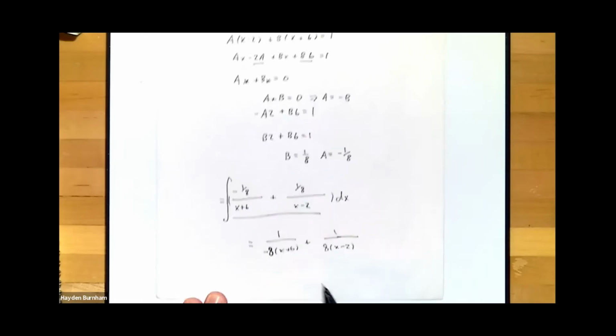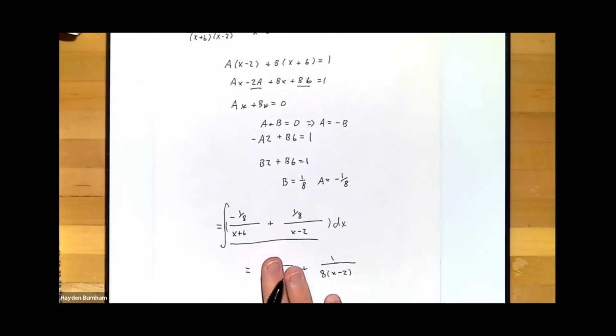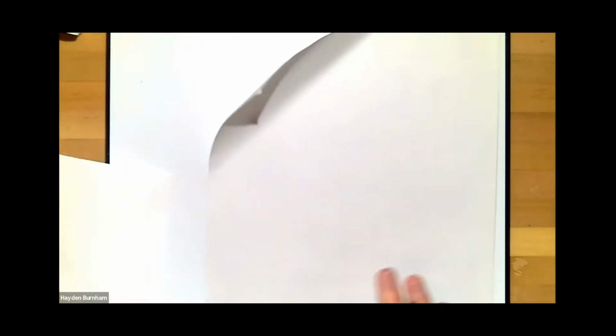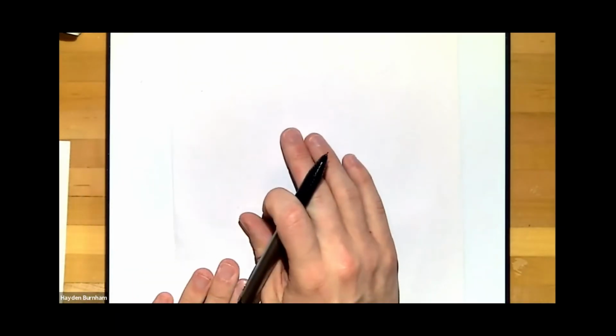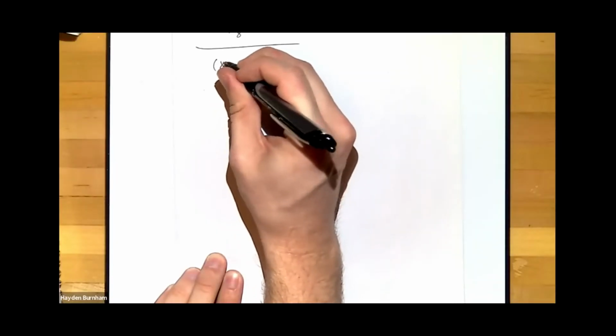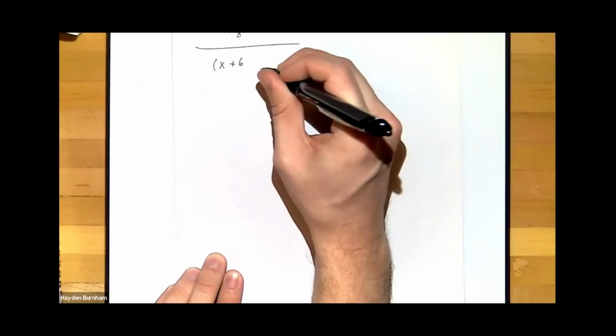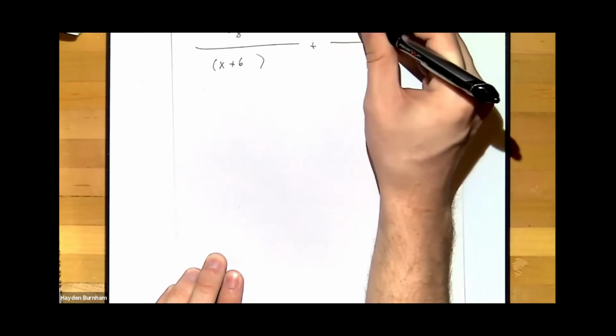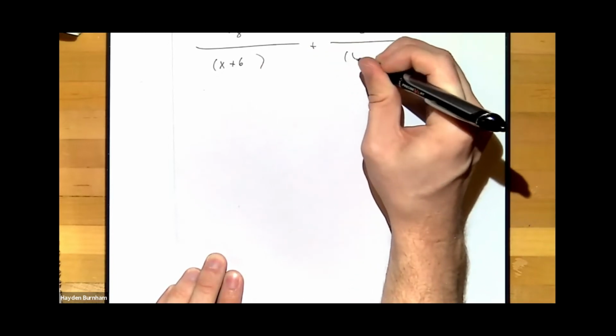Yeah. Because if this is true, right? If I wanted to combine, here, let me grab another paper. Because the way you can test if it's true is you try and get the original equation back, right? So negative 1/8 over x plus 6 plus 1/8 over x minus 2.